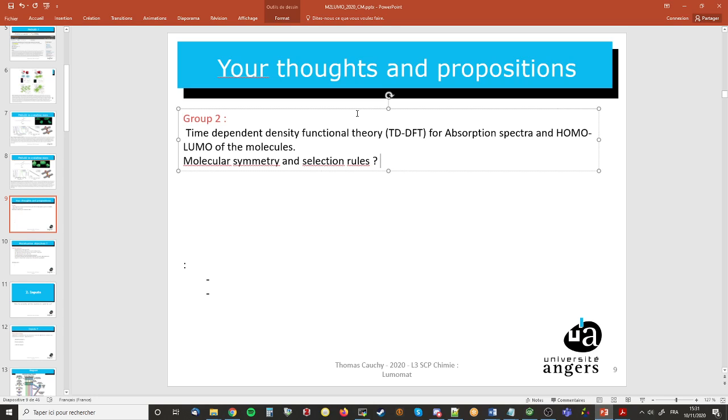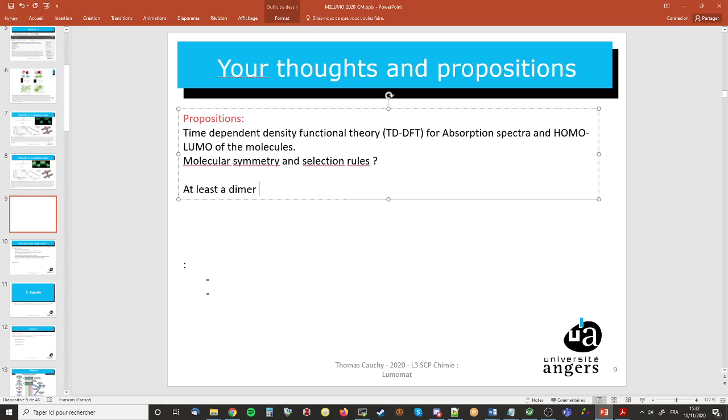Okay. And group 3? We discussed and we proposed to do, at first, build a little crystal composed of small molecules, or I don't know, 2 molecules, on Gaussian with the GaussView software, and then launch the optimization of the structure using DFT, for example, B3LYP, in a basis set, but I don't really know which basis set.